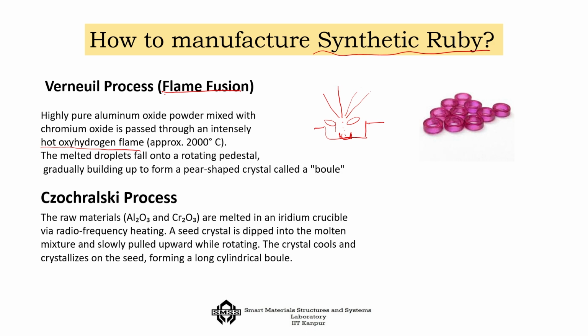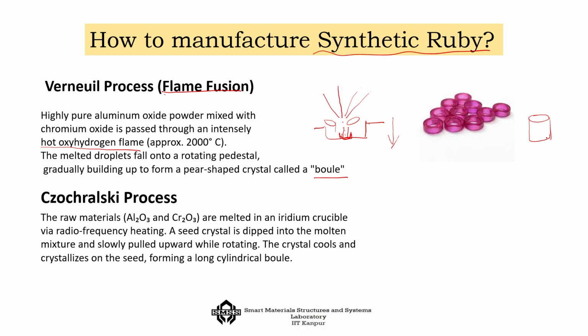And then this is a rotating pedestal, we generally call it a bowl. And on this bowl, there will be a seed crystal, and on top of that seed crystal gradually the system is going to develop, and as it is developing, you can of course bring it down and down, and at the end what you are going to get is a big single crystal cylinder of ruby.